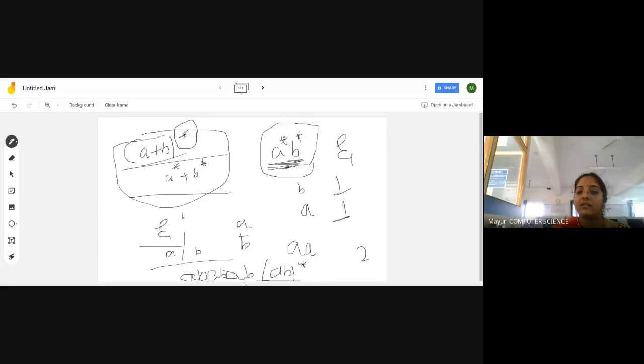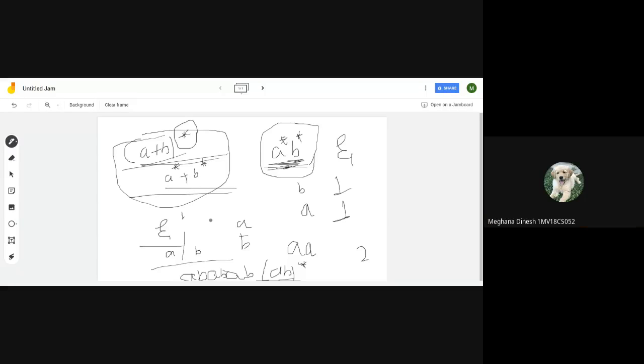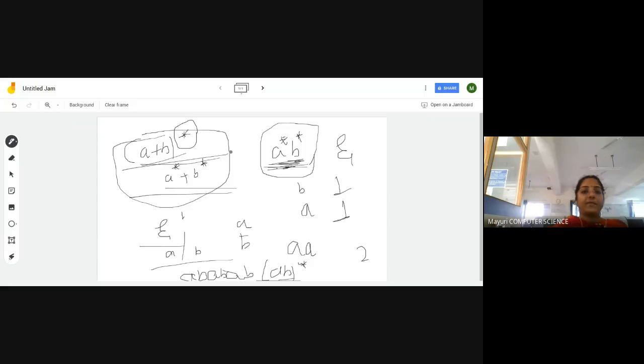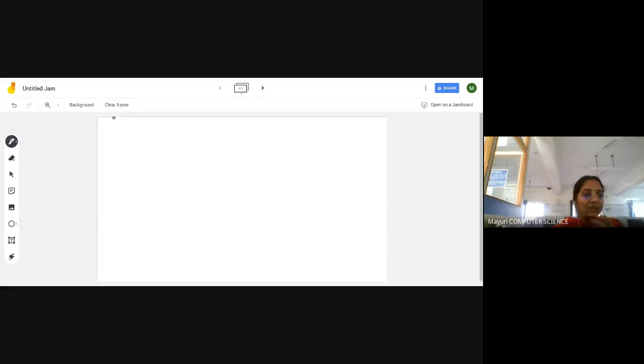It goes like that. But for (A plus B) the whole power star, as I said, both are same. Still any doubts? No, ma'am. Fine. Okay, one second.